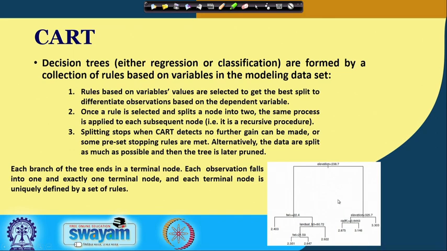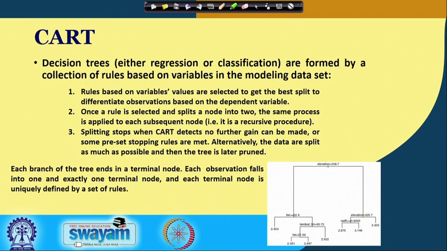Decision trees, either regression or classification, are formed by a collection of rules based on variables in the modeling data set. Remember, a classification or regression tree is basically a rule-based algorithm, where the rule based on variable values is selected to get the best split to differentiate observations based on the dependent variable.